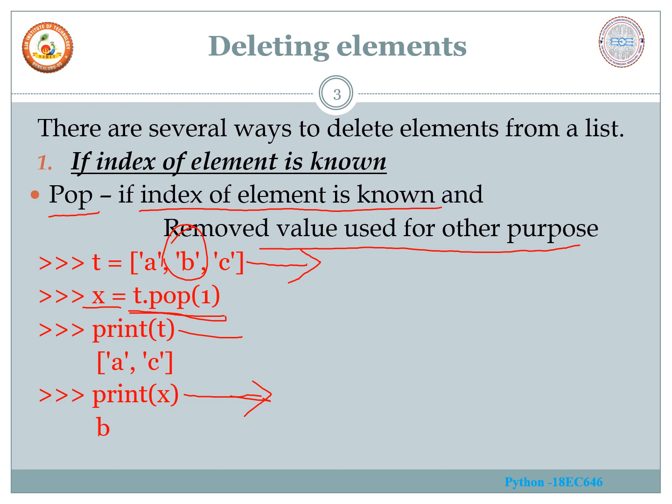Say here I have chosen 1. If you don't provide an index, it deletes and returns the last element.